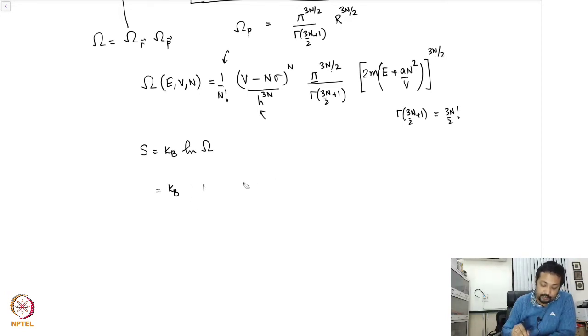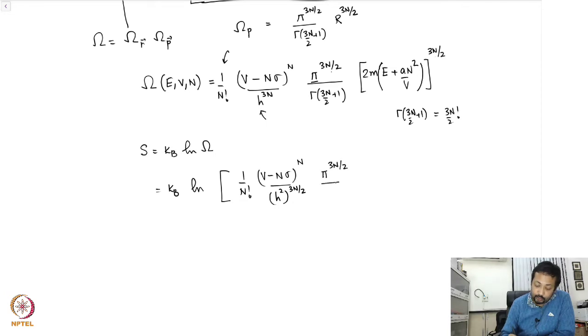First let's simplify things, and then we will expand the log. We will write it as ln of 1 over n factorial, V minus n sigma raised to the power n, and then I see that the denominator is h square raised to the power 3n by 2, pi to the power 3n by 2, 3n by 2 factorial. Gamma of 3n by 2 plus 1 is 3n by 2 factorial. I have twice m, E plus a n square over V raised to the power 3n by 2.